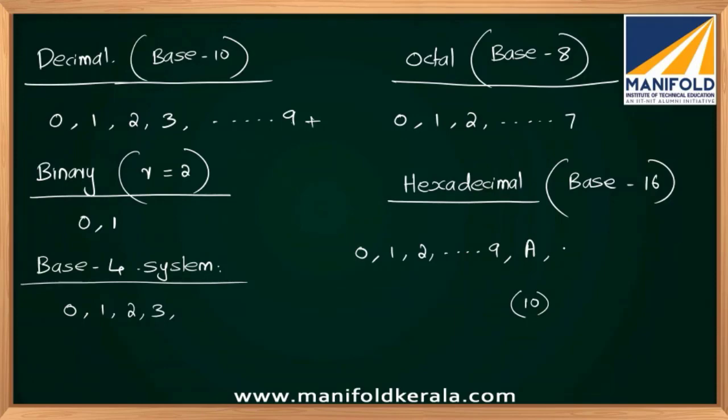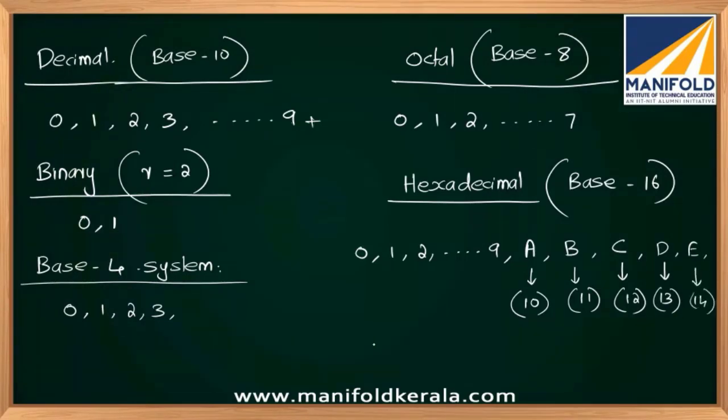Similarly, the next symbol is going to be B, and B will correspond to the value 11, and C will correspond to the value 12, right? And D will correspond to the value 13, and E will correspond to the value 14.